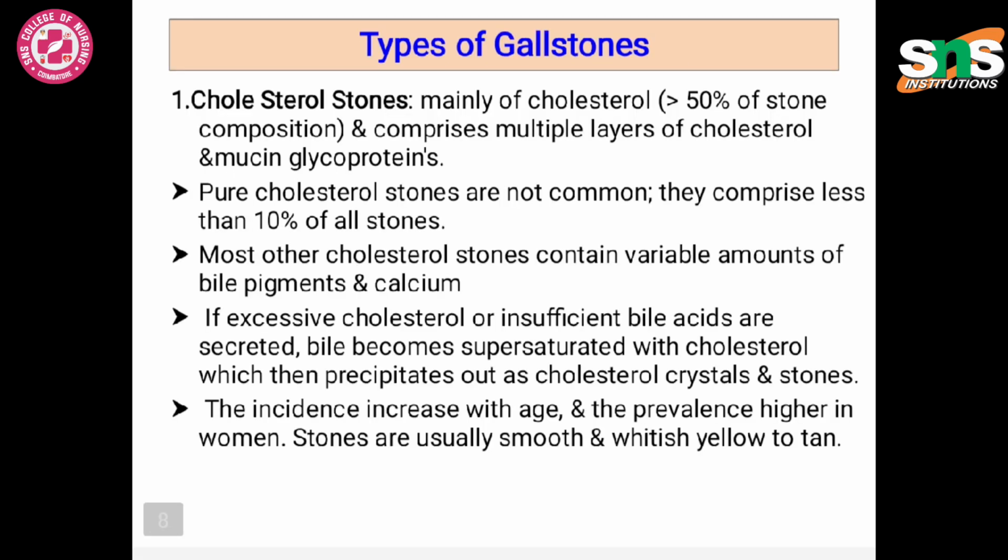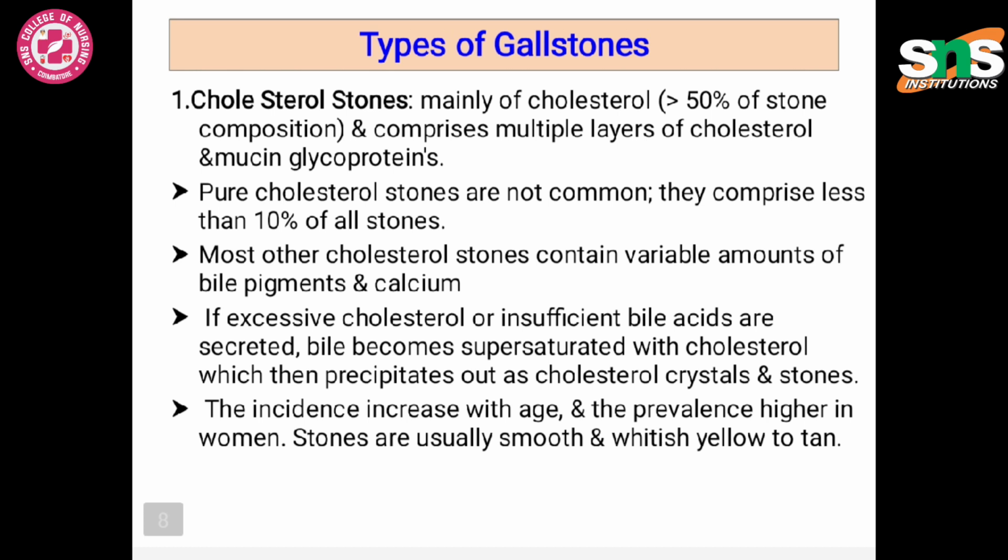Types of gallstones: cholesterol stones, mainly of cholesterol. More than 50% of the stone composition comprises multiple layers of cholesterol and glycoproteins. Pure cholesterol stones are not common. They comprise less than 10% of all stones. Most other cholesterol stones contain variable amounts of bile pigments and calcium.